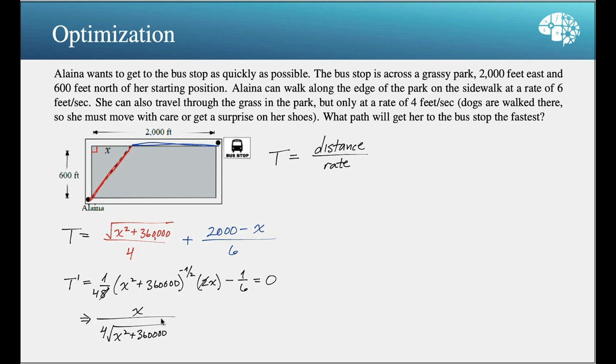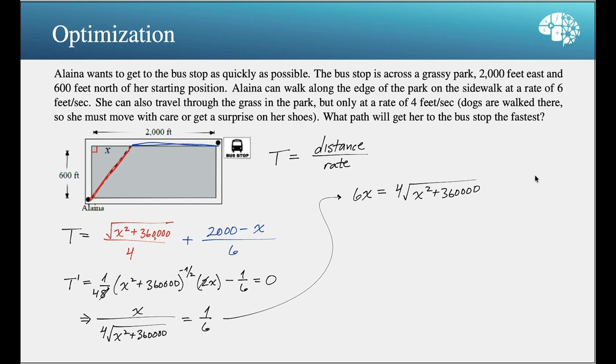And now I'm going to add a 1/6 to the other side of the equation. Okay, and now to solve, I'm going to cross multiply here just to get this in a more workable form. So that gives me 6x is equal to this thing times the 1, so 4 root x squared plus 360,000.